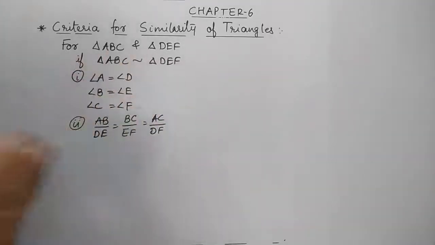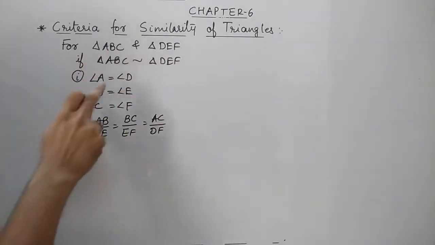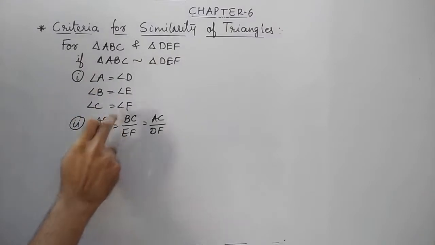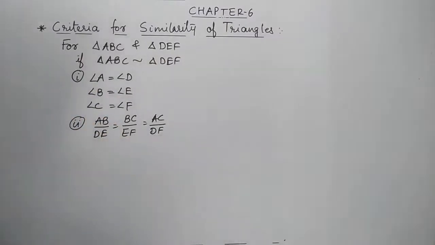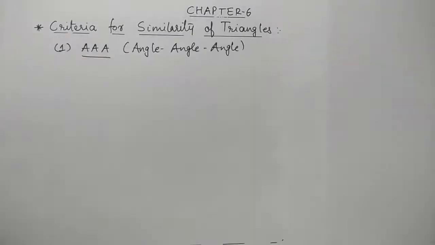It is not compulsory every time to show that all the corresponding angles are equal and all the corresponding sides are in the same ratio. For that we'll use certain criteria. So let's start with the criteria to show the similarity of triangles.